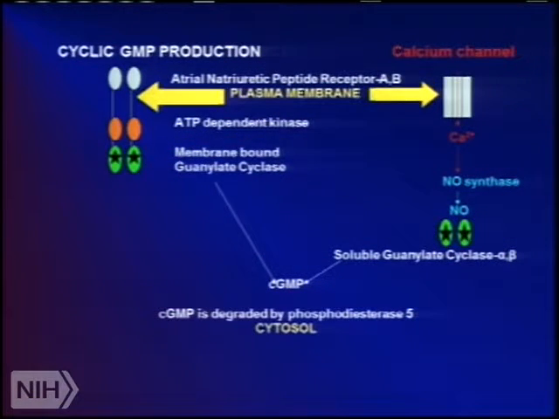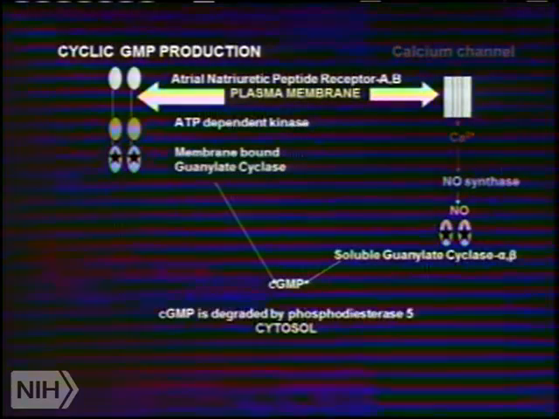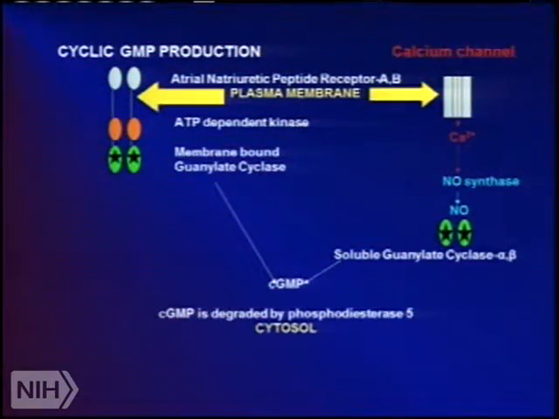So here's a little cartoon. We see that the calcium goes through calcium channels to elevate the cytosolic calcium. Low levels of calcium will activate the nitric oxide synthase to produce nitric oxide.